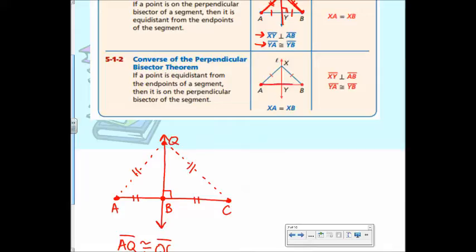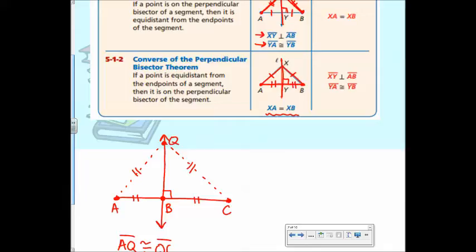I know that AX is congruent to XB because that's what it's telling me. If I know that those are congruent, then I know XY must be a perpendicular bisector. Therefore, XY has to cut this and form a right angle, and it means that AY has to be congruent to YB. So that's just the backwards form.